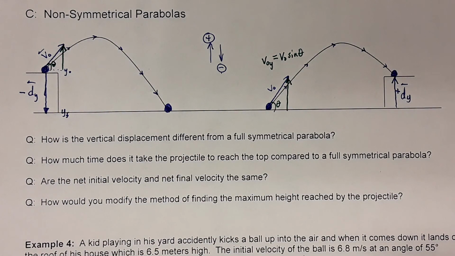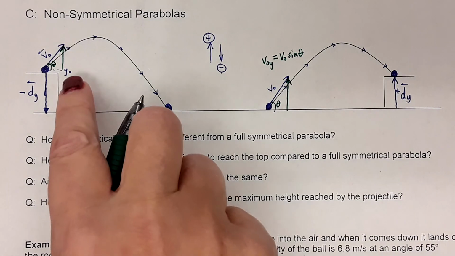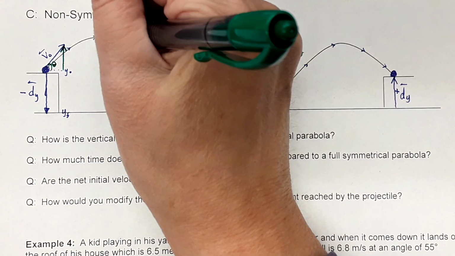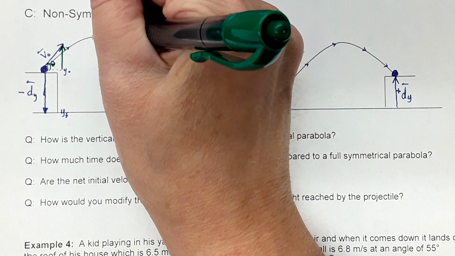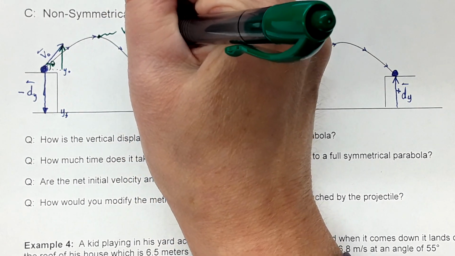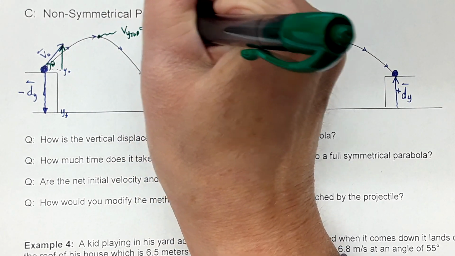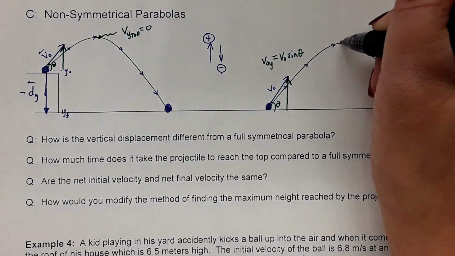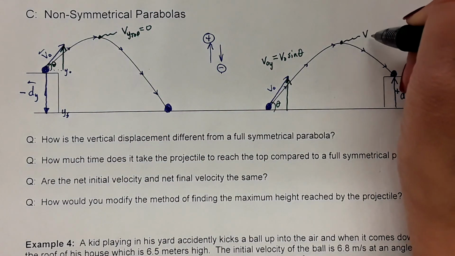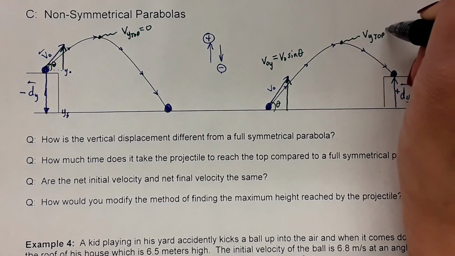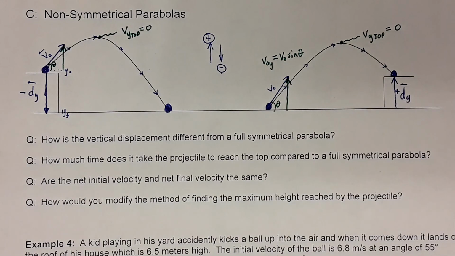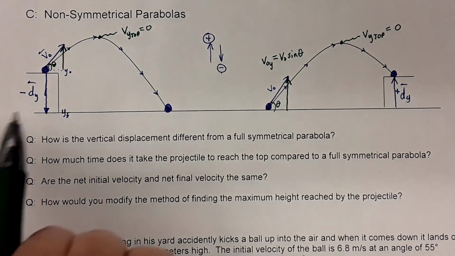All right. That velocity decreases until it is zero at the top. So the y velocity at the top is still zero in both cases. However, one thing you should note, we've lost symmetry. So does it take half the total time to get to the top? Think about it.